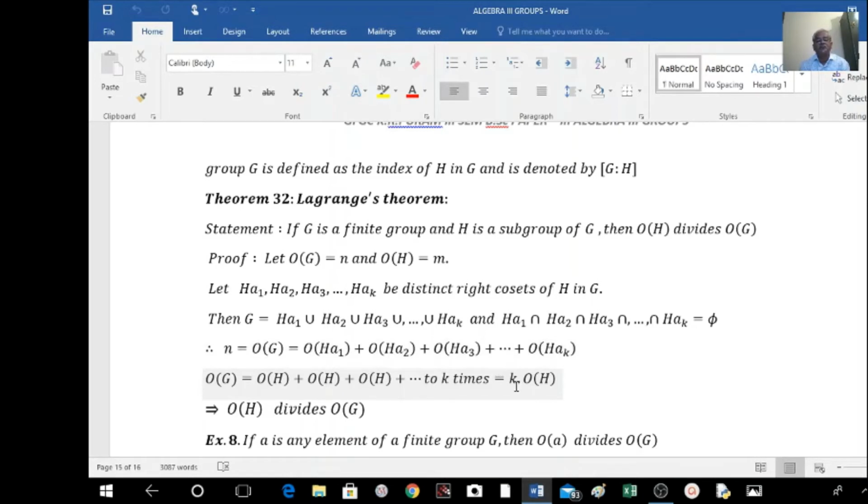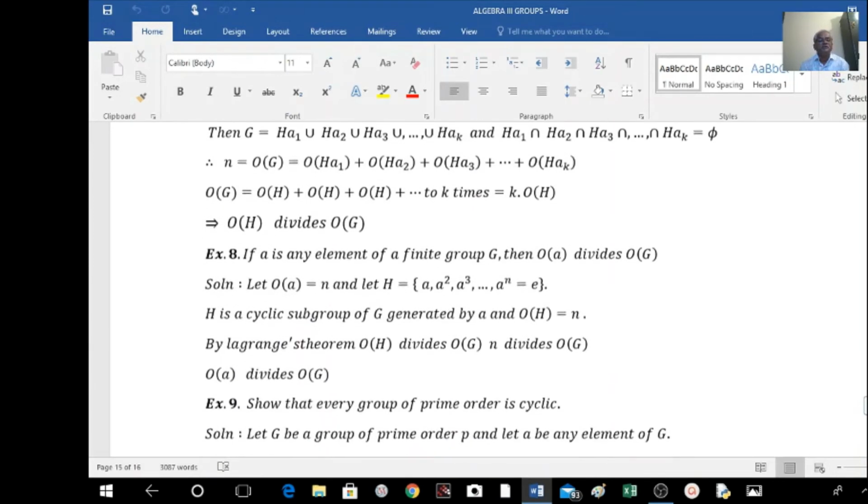This can be written as k times order of H. So order of G is an integer times order of H, which means order of H is a divisor of order of G. That is, order of H divides order of G. This is known as Lagrange's theorem.